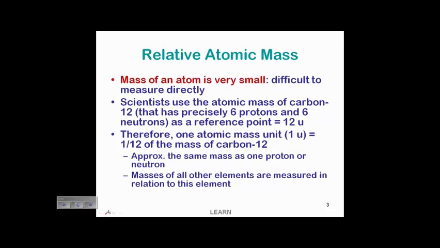That is an assumption here. It's a pretty safe assumption, but it is an assumption. So everything is measured in relation to that element, carbon-12. Now, why do I keep calling this 12? We'll learn more about that in the rest of the lesson.